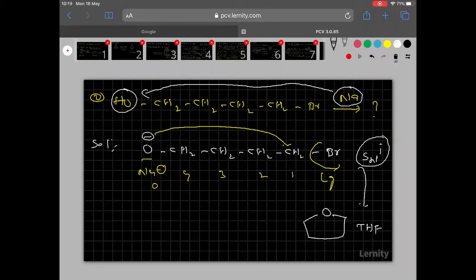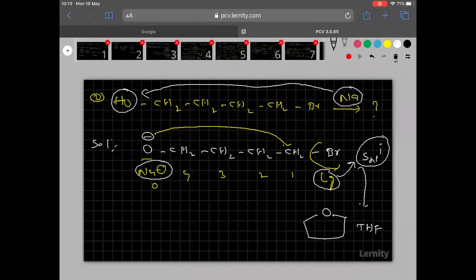Is it clear? Now, once again, you see here, if the nucleophile and the leaving group both are present in the same compound, then the reaction follows SNi mechanism, intramolecular nucleophilic substitution. And in intramolecular, always a ring will be formed, always. Hope you are able to understand this one. THF, did you remember?